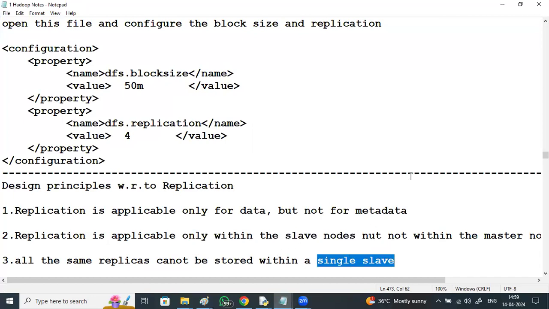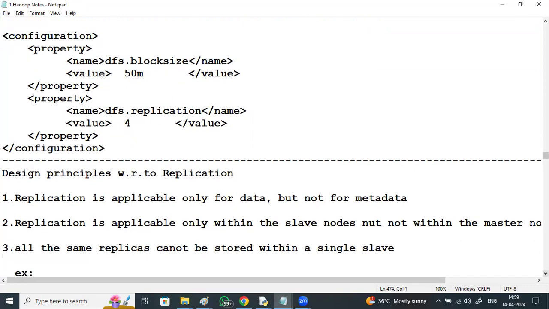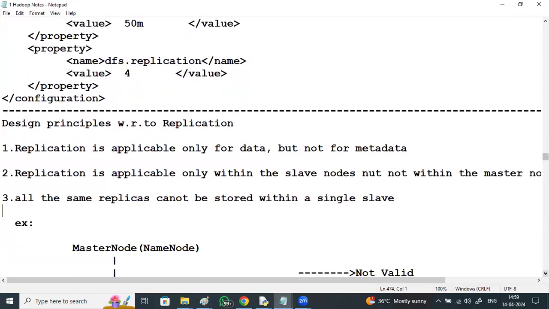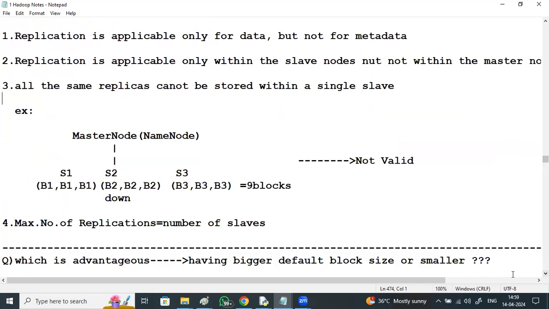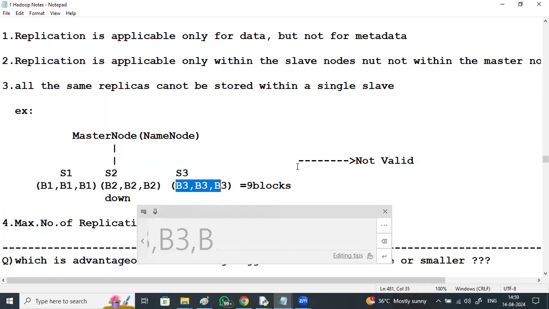They should be distributed across, right? So all B1s in S1, all B2s in S2, this is not valid.